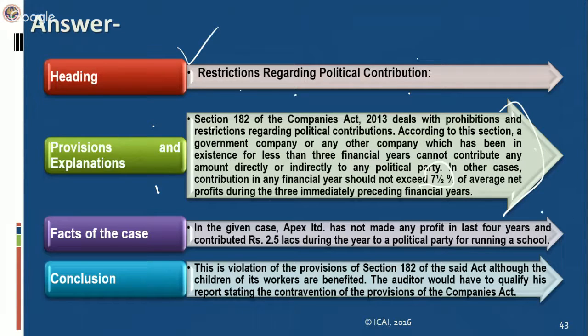Then you need to write the facts of the case: in the given case, Apex Limited has not made any profit in the last 4 years, and it has contributed 2.5 lakhs during the year to a political party for running a school. Students, as you can see here, the language of the facts of the case has been changed.